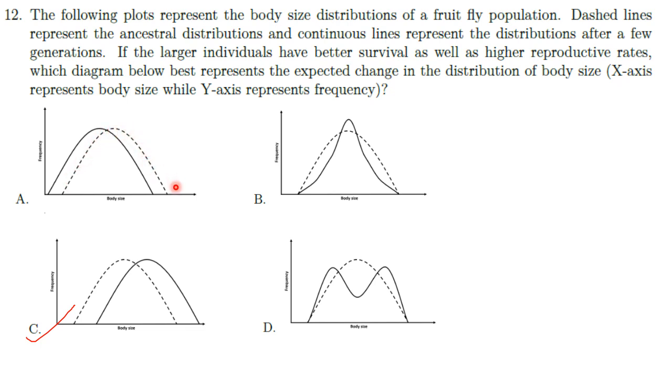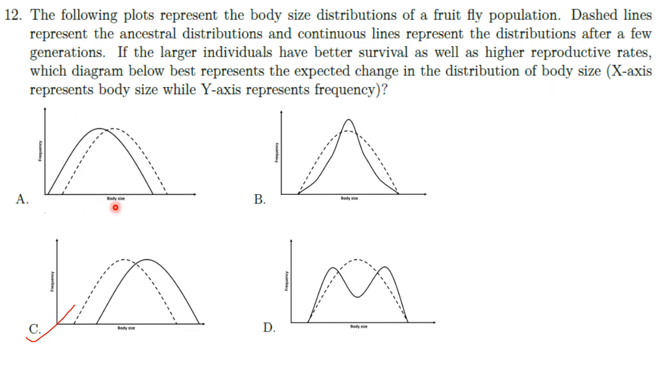This represents ancestral population, and continuous line, they represent the present generation. If the larger individuals have better survival as well as higher reproductive rates, now the larger individual means the one with more larger body size. So if the larger individuals have better survival as well as higher reproductive rates, which diagram below best represents the expected change in the distribution of body size?